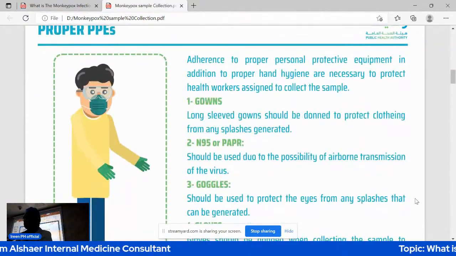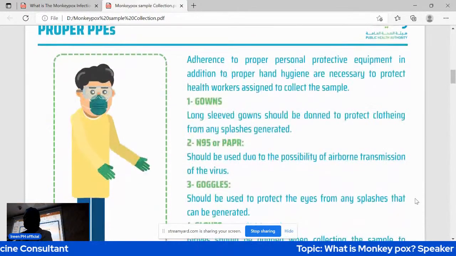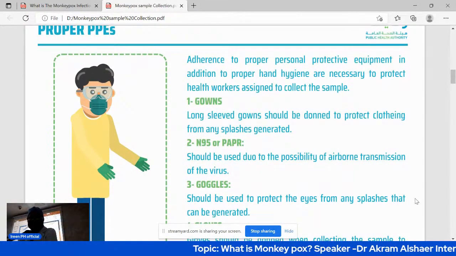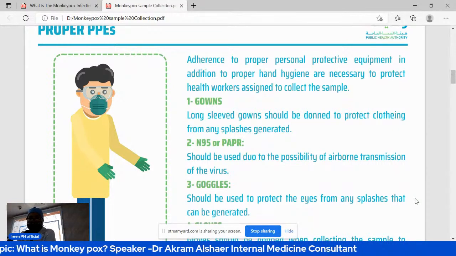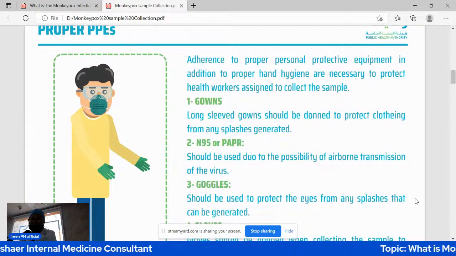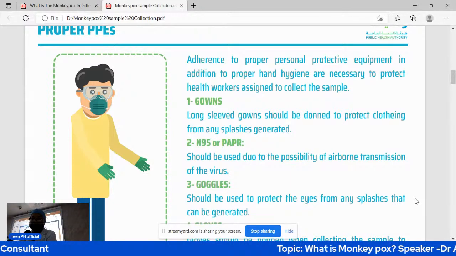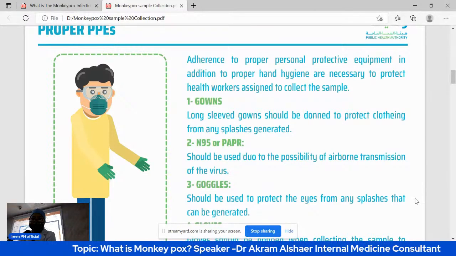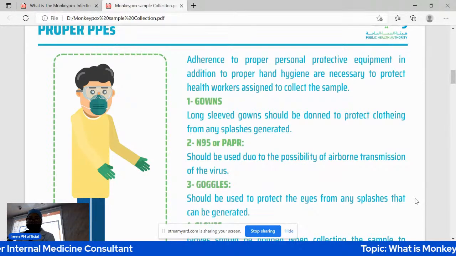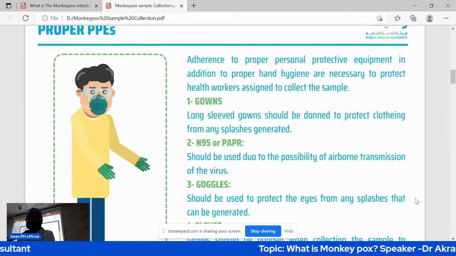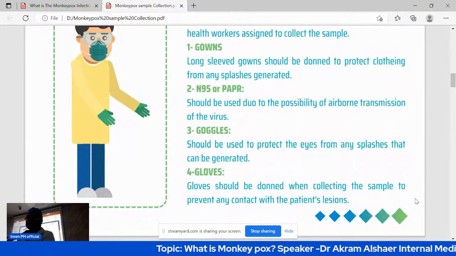Now, proper PPE. This was asked by our medical director. What is PPE? Personal protective equipment. Adherence to proper PPE, in addition to proper hand hygiene, is necessary to protect healthcare workers assigned to collect the samples. We start with gowns. Long-sleeved gowns should be worn to protect clothing from any splashes. Second, the N95 or PAPR.